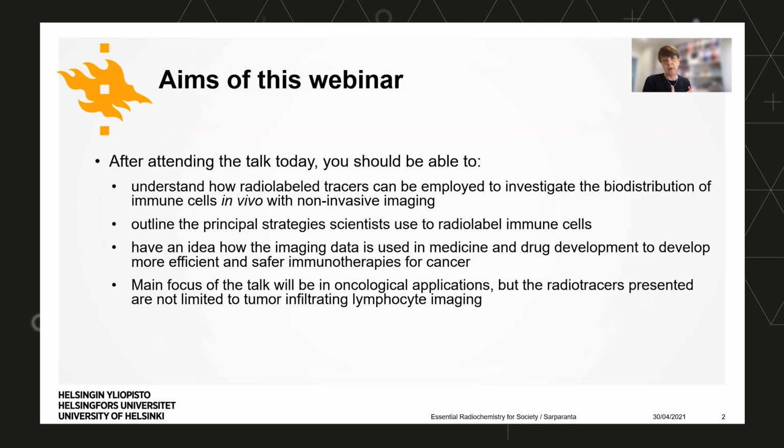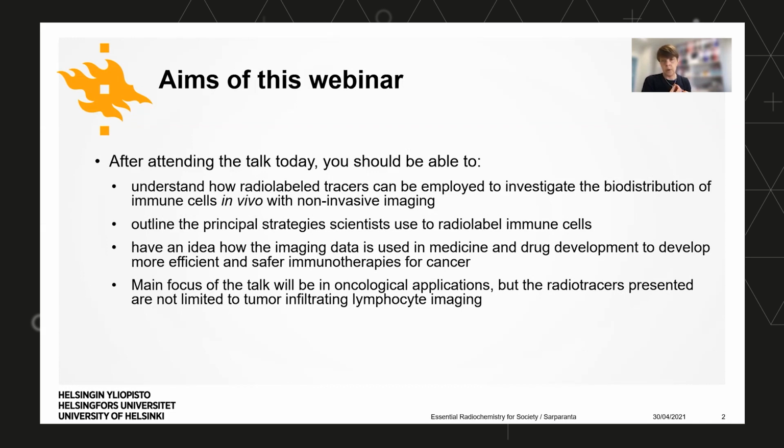And although the main focus of this talk will be on oncological applications, the radiotracers that are presented here are not limited in their use to tumor infiltrating lymphocytes and cell transplants for immunotherapy.